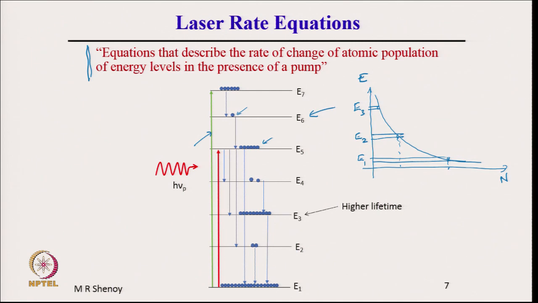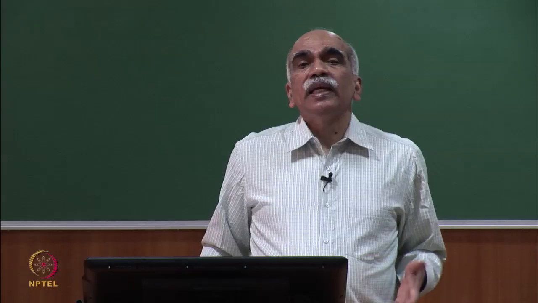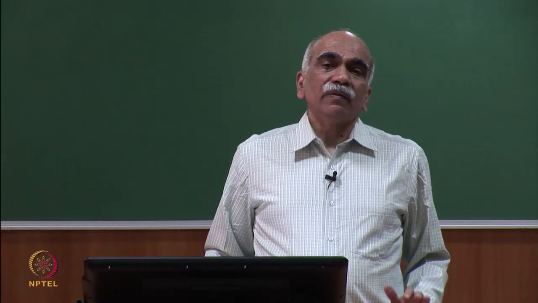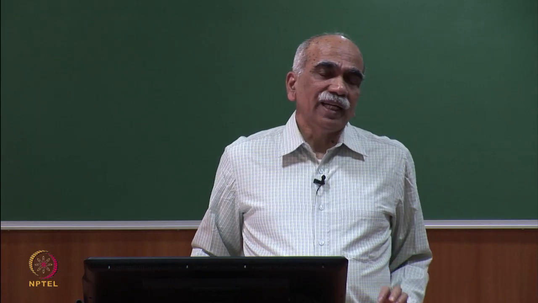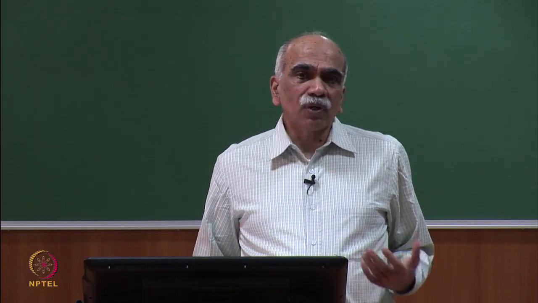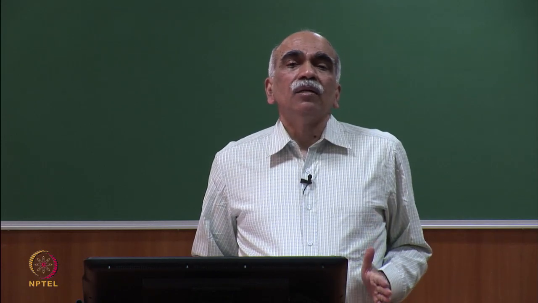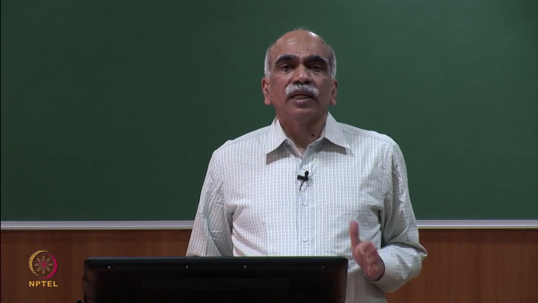We will discuss this mathematically by writing the rate equation. Before we write down the rate equations, I would like to bring in the concept of photon flux, because in several books you will see that the rate equation is also written in terms of the photon flux phi of nu, the number of photons per unit time per unit area crossing a plane.